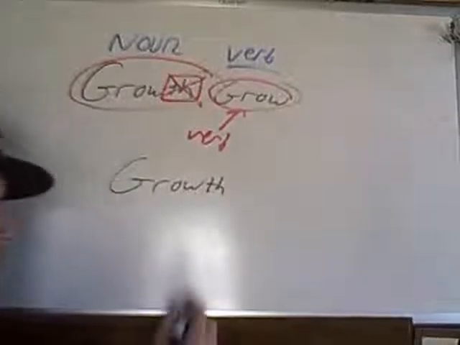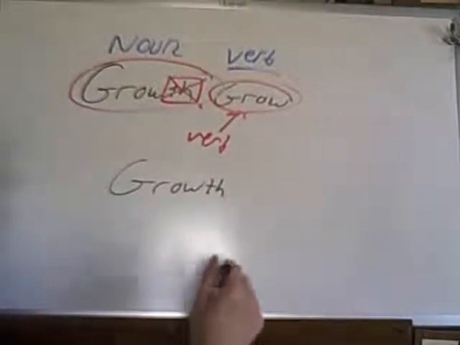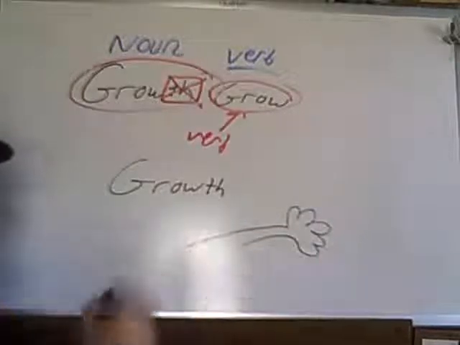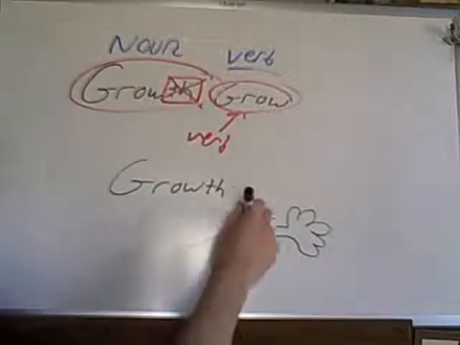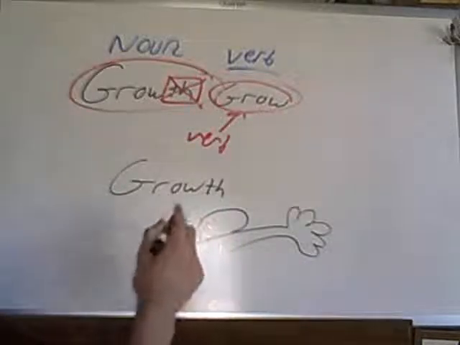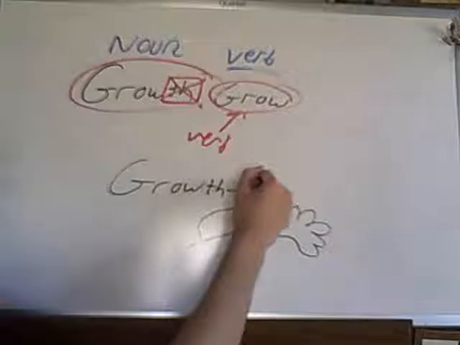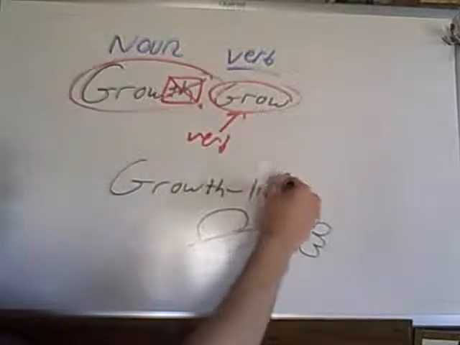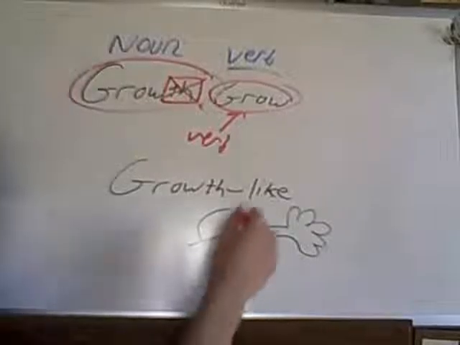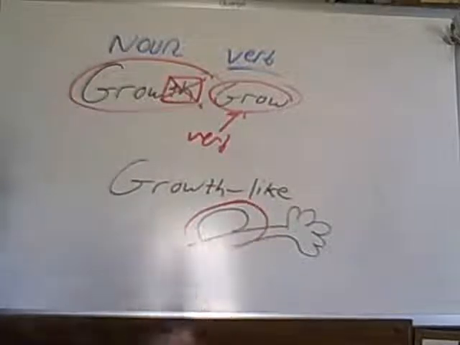So even if we have, say, a human arm and there's a growth on the arm, okay, there's no reason to say "growth-like," because we know that it is a growth.